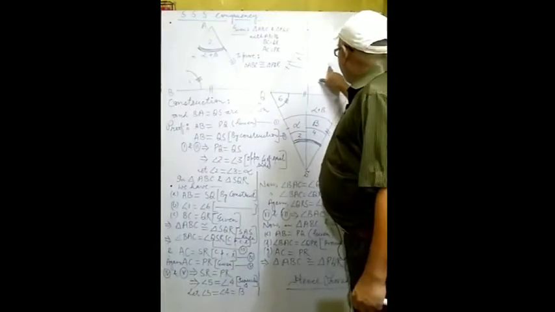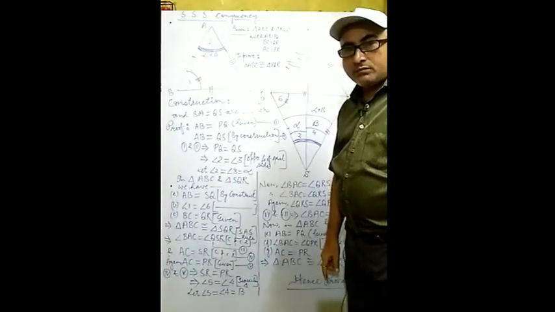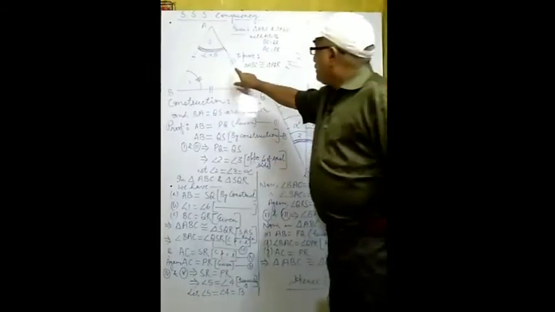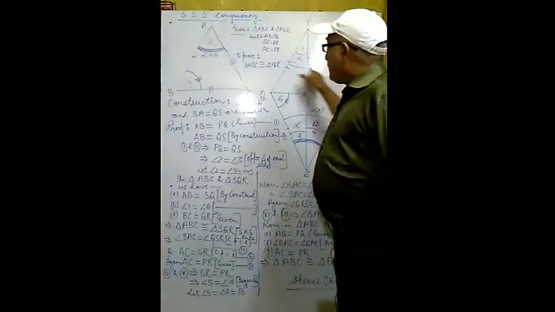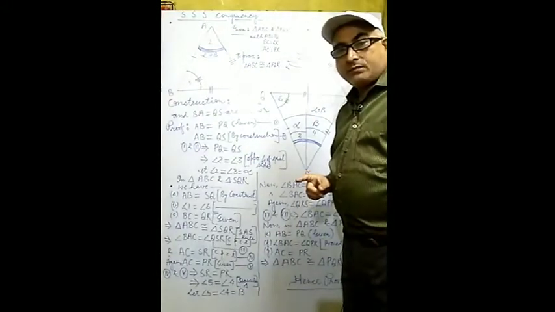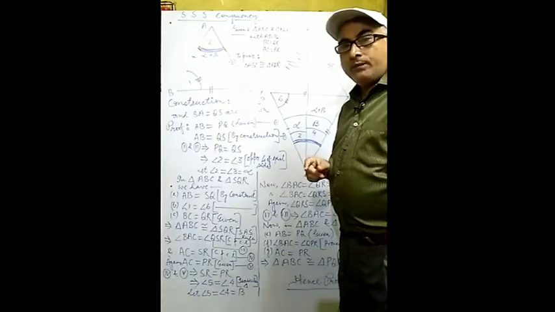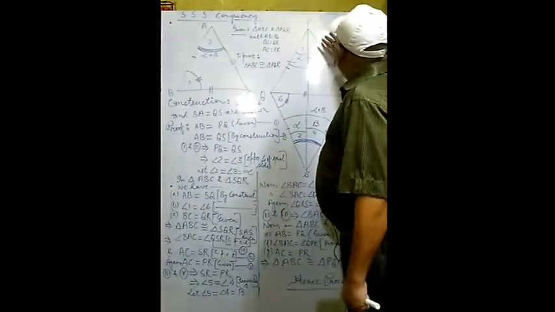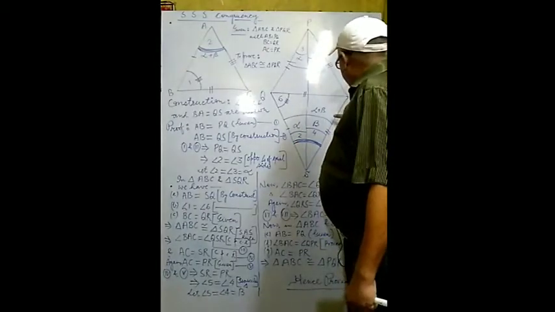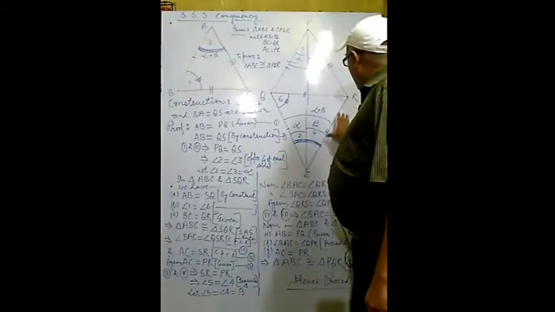So what relation between this one and this one? So these two are also equal. Keep in mind, this one equals this one, given, and this one equals this one, proved by CPCT. So things which are equal to the same thing are equal. So this implies PR is equal to SR. This side will be equal to this one.